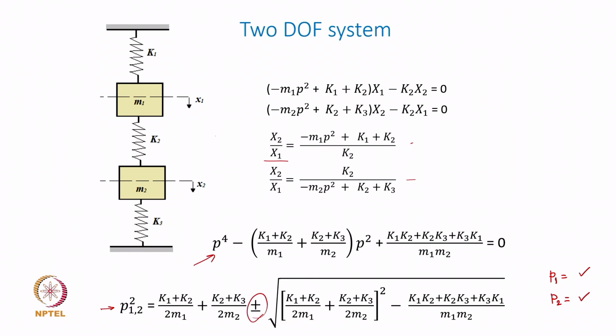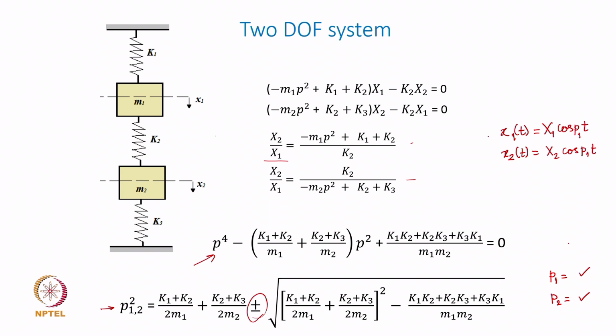What is important again is that we have assumed x1 t to be equal to capital X1 cos Pt. Now, in this case that P will become, let us say, P1. Similarly, mass M2 is going to oscillate given by the solution X2 cos P1 t.